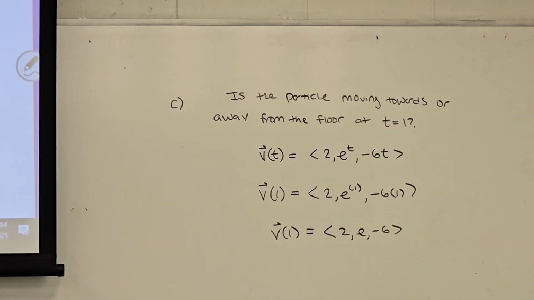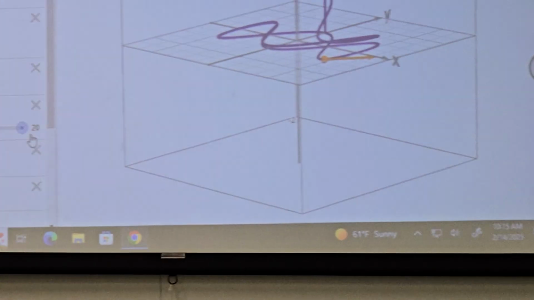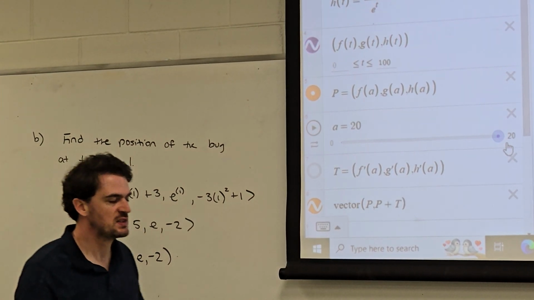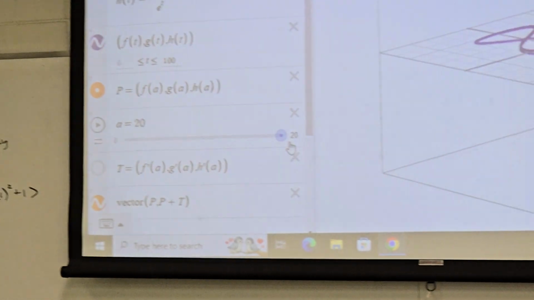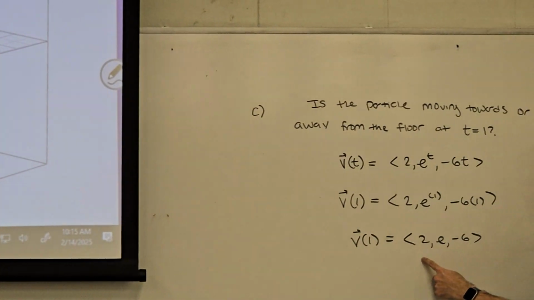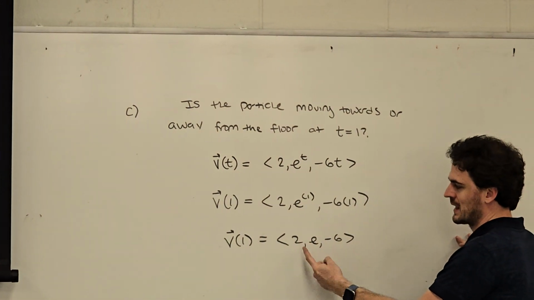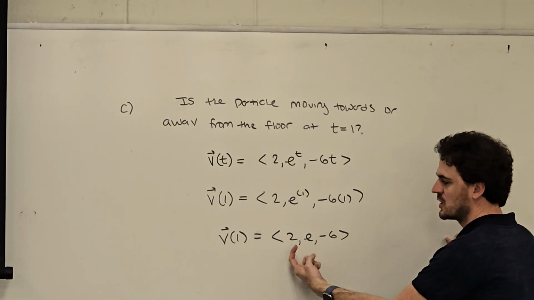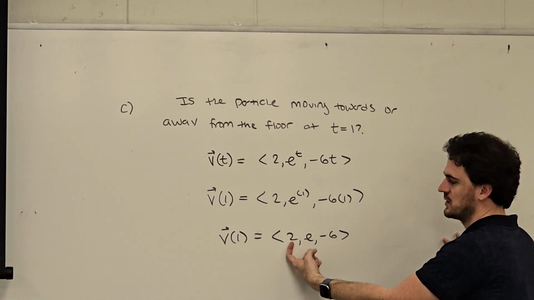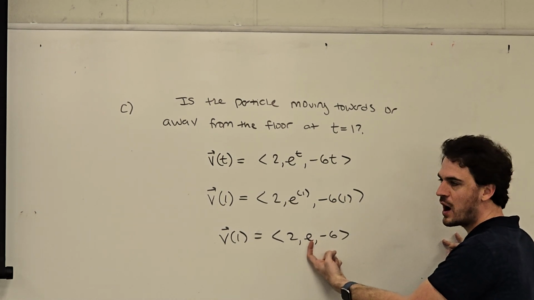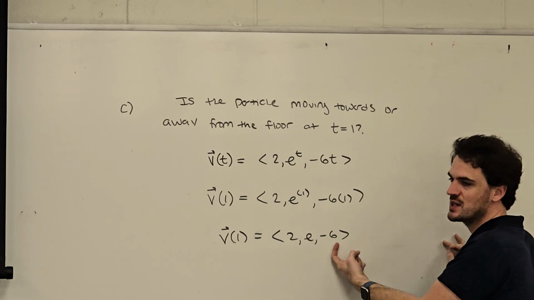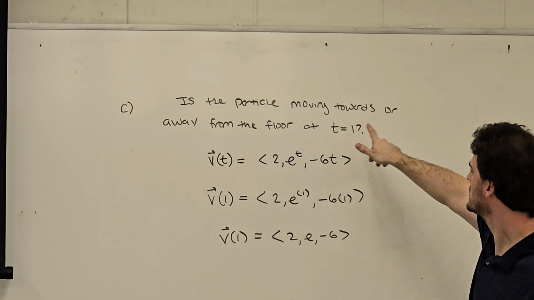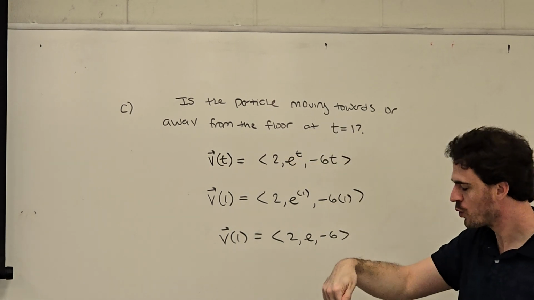So just making sense of this again, you can think of s of 1 as being the coordinate or the point, the position, the location. This velocity vector is saying at time t equals 1, and don't forget derivatives, I'm just looking at increasing, decreasing, positive or negative. You are increasing in the x direction, increasing in the y direction, decreasing in the z direction. So if this represents the position of a bug, the question is asking, are we moving towards or away from the floor?